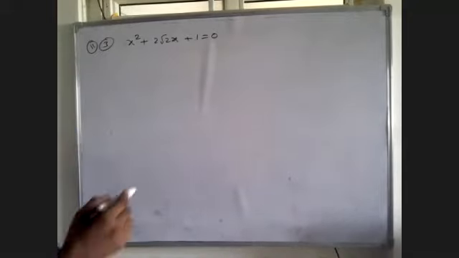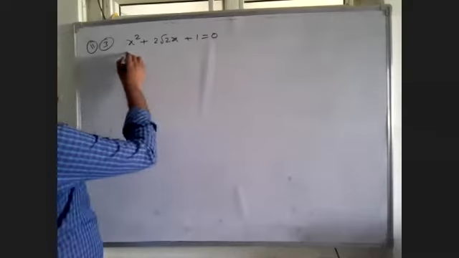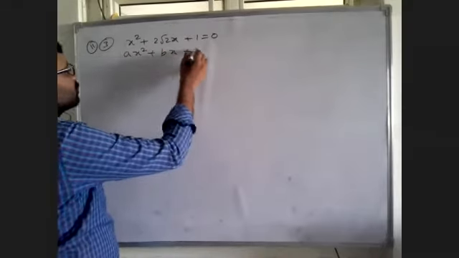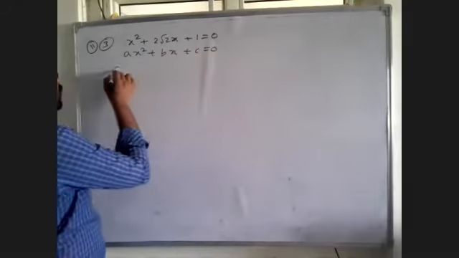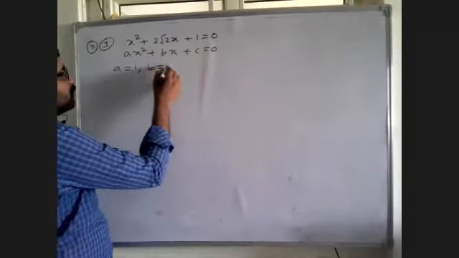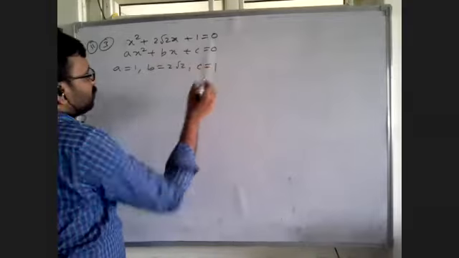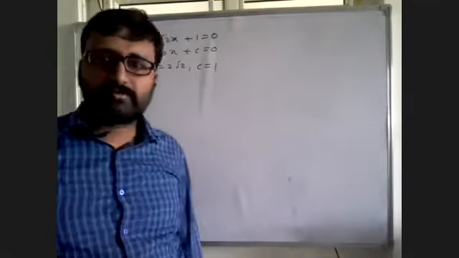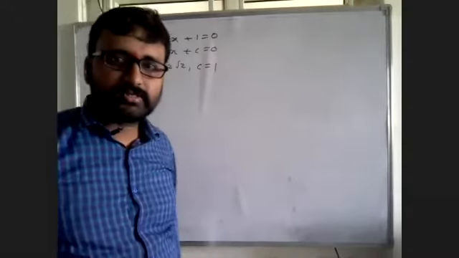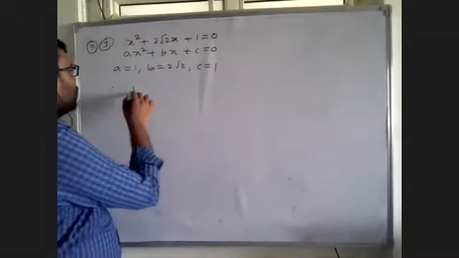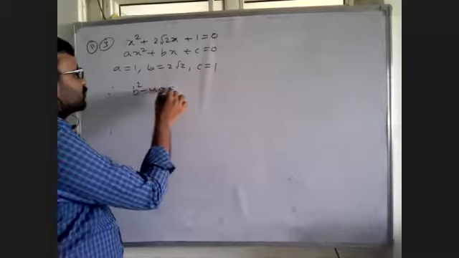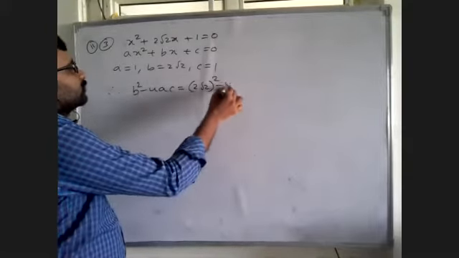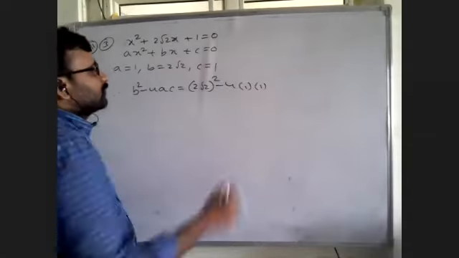Now, first of all, comparing with the standard form ax square plus bx plus c is equal to 0, a is equal to 1, b is equal to 2 root 2, c is equal to 1, and we should decide by using the formula b square minus 4ac that I am writing here. B square minus 4ac is equal to 2 root 2 whole square minus 4 into 1 into 1.